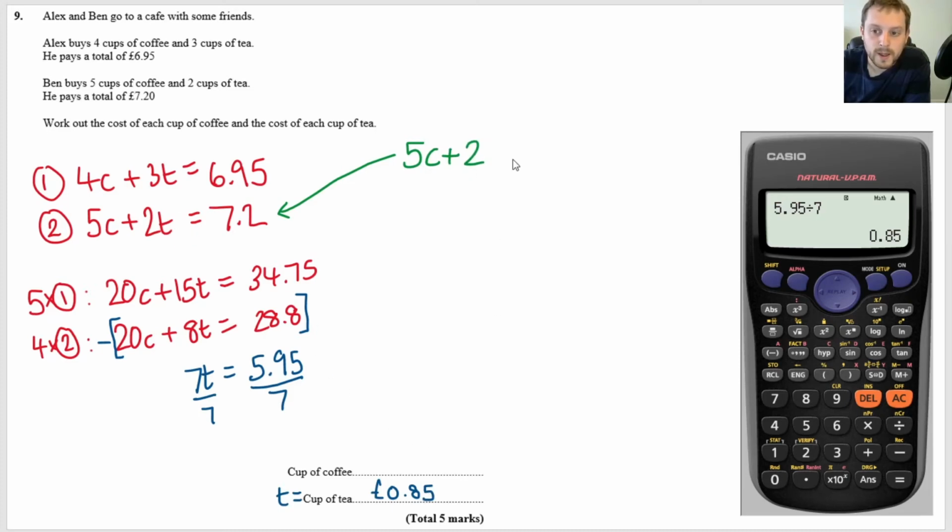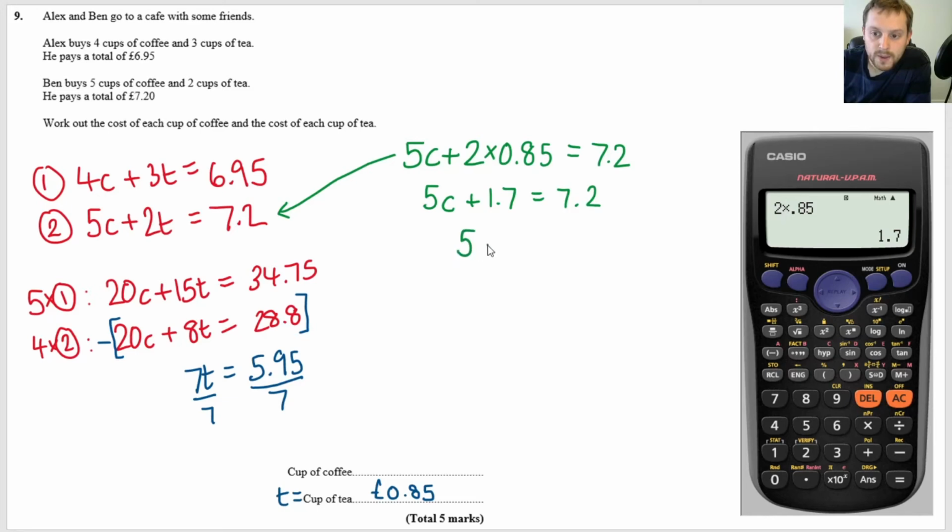We know it's 0.85, so times 0.85. So that's the 2t, and this equals 7.2. So let me simplify that a bit. So 2 lots of 0.85 is 1.7.